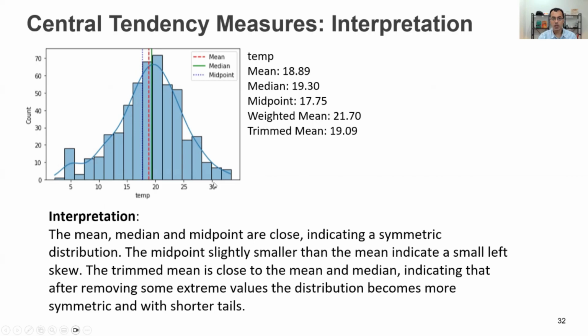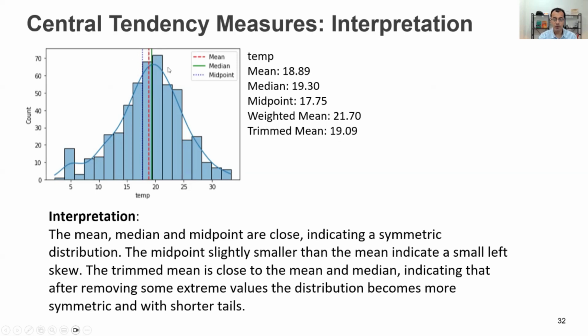And this suggests to us that we have outliers indeed in this distribution. We can do the same type of interpretation for the variable temp. As we discussed previously, we have the mean of 18.89, the median 19.30, the midpoint 17.75, weighted mean 21.70, and the trimmed mean 19.09.